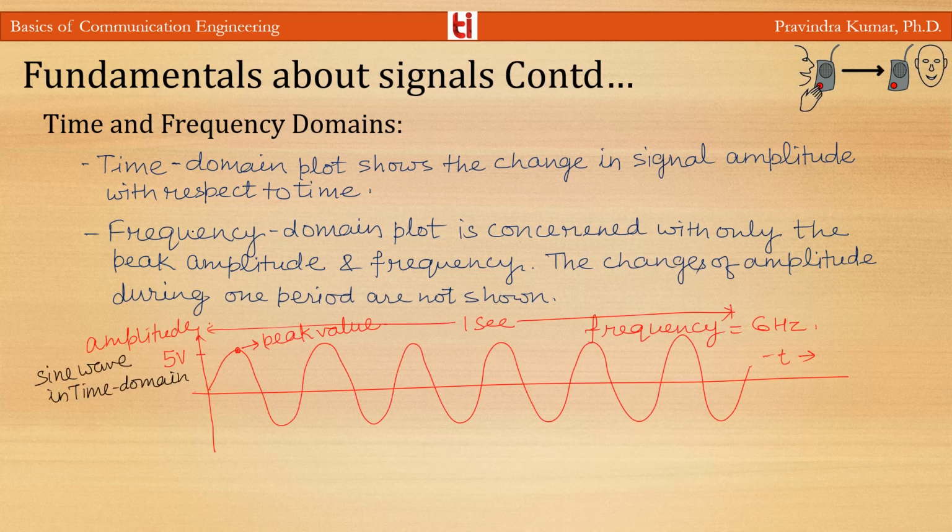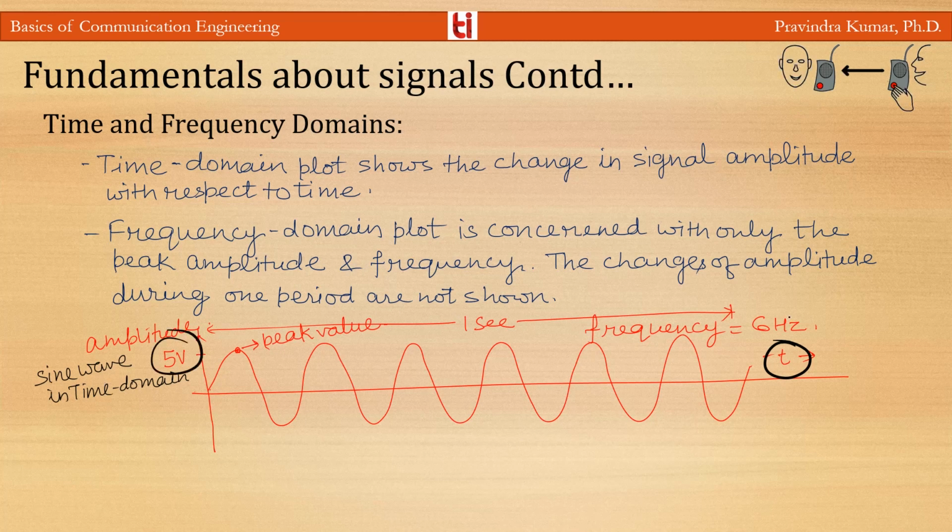Just like here, in 1 second 6 cycles are completed, so the frequency is 6 hertz, and the peak value of the amplitude is 5 volts. This is a time domain representation: on the x-axis it is time, and on the y-axis it is amplitude.